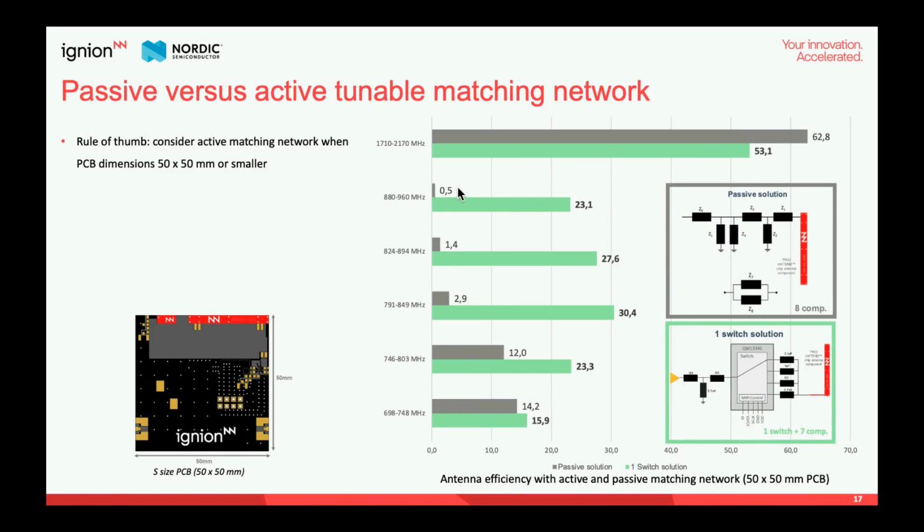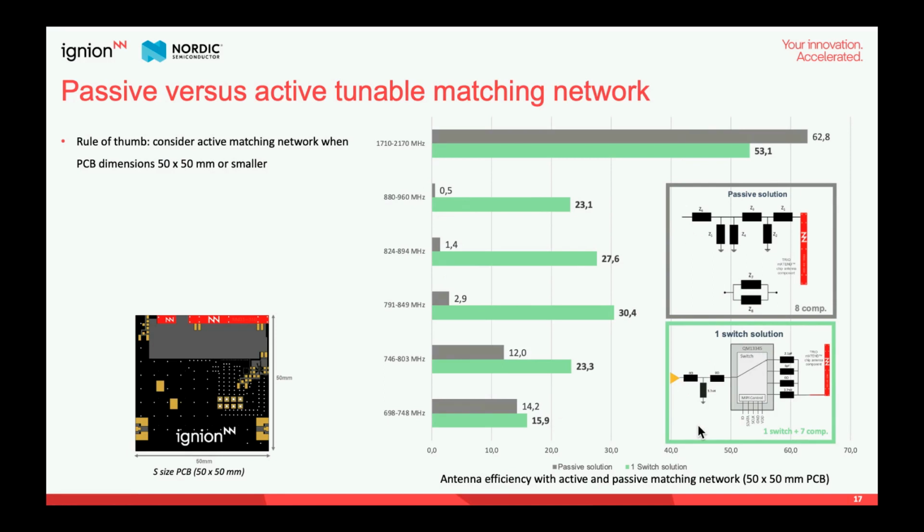Then another option, another degree of freedom that we have at Ignion, is to use a tunable solution. The tunable solution means that instead of using only capacitors and inductors, we can use a switching mechanism just to tune at the frequency band we are going to operate.